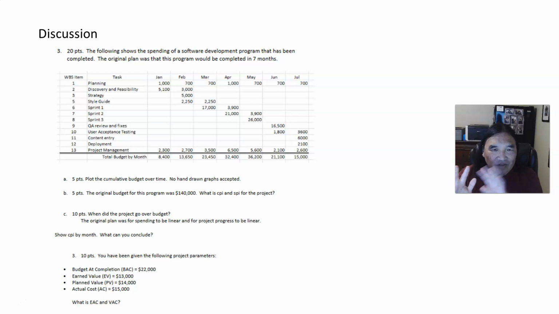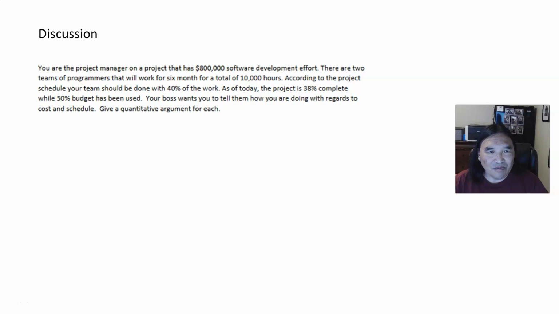Because if you just use one versus the other, for example, I could be over budget but ahead of schedule. So what does that mean in terms of me finishing this project? Well, that's why the bigger, longer equation is there. So you need to know why you use each of those equations at a certain point. And this one is just like all the other problems, it's a word problem. So it's pretty straightforward. However, if you have any questions or problems, please let me know.